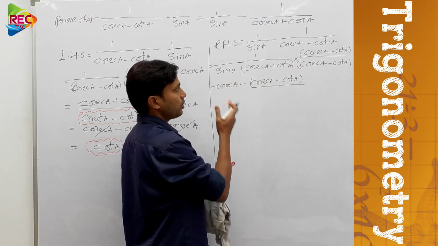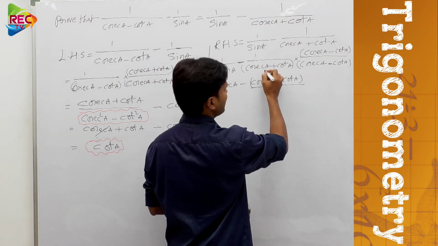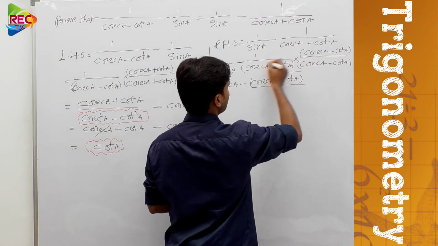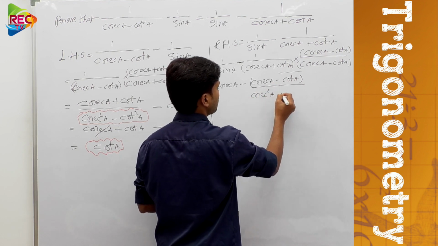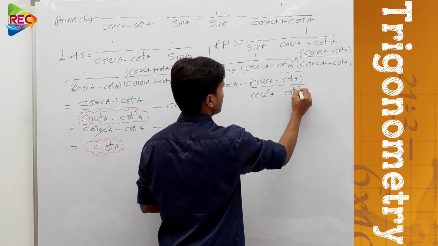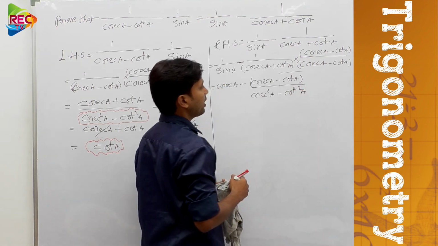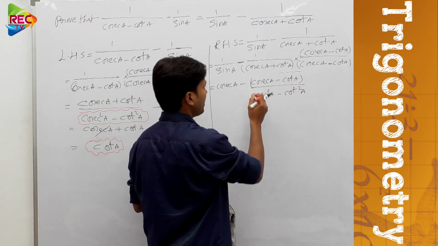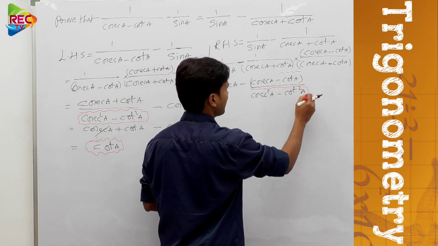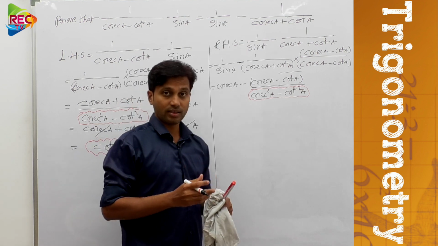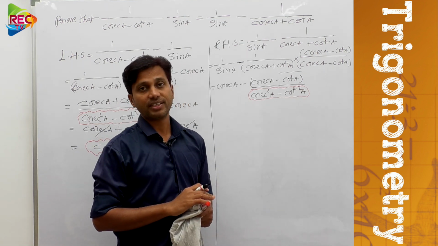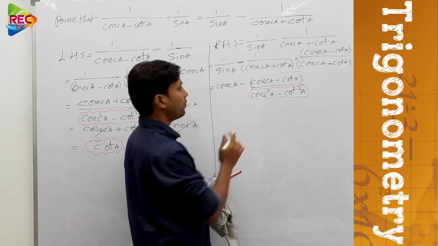So therefore the multiplication result of these two will be cosecant square A minus cot square A, by the standard formula of algebra. Now you can observe in the denominator part, this is again the algebraic identity, cosecant square A minus cot square A. So therefore we get 1 again here.